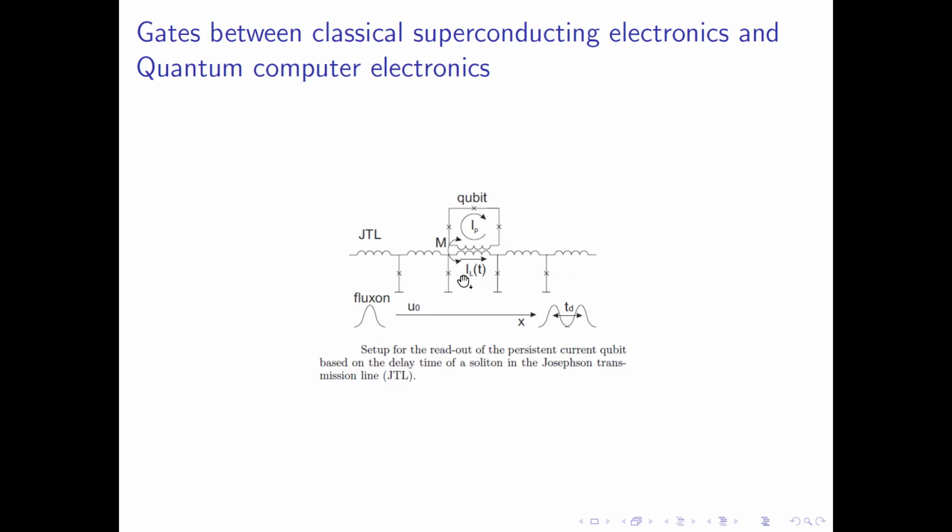Then you can have a qubit, like a flux qubit, a superconducting ring interrupted by a Josephson junction. You can also have an external solenoid. So this traveling fluxon can imprint a certain physical state on the qubit, or it can pick up a certain state of the qubit. So this is the way of interaction. But of course you need to write down the Hamiltonians and solve them and prepare the structures and so on.